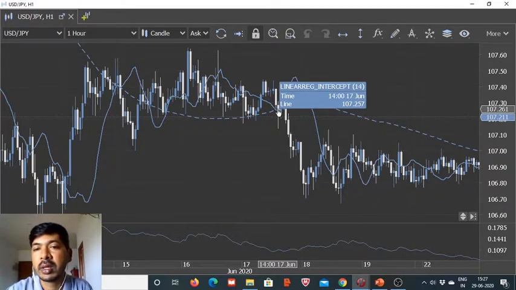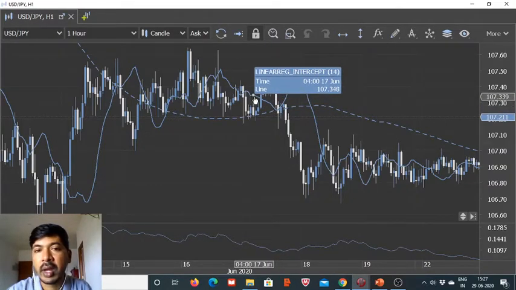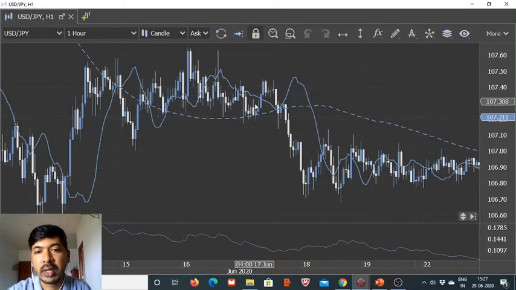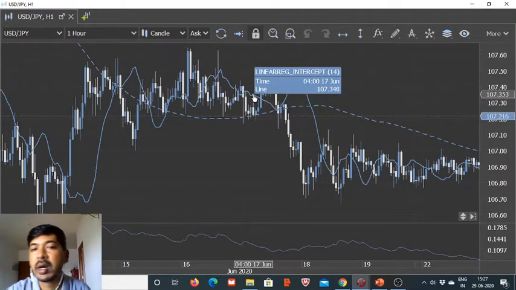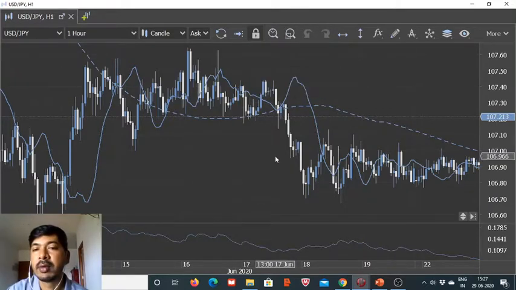As you can see, now this is 14 GMT, so we will need to go back in time to check at 4 GMT. The candle close is below the linear regression intercept, and as I said, we want the candle 10 hours back to have closed above the linear regression intercept, and only then the sell trade will happen.